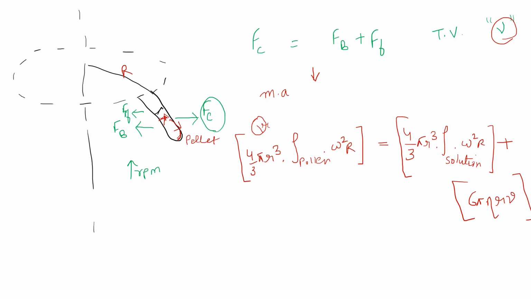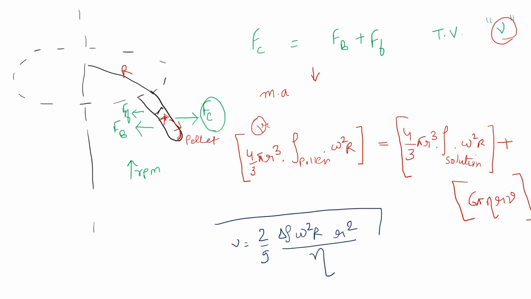So in this equation, we make V the subject of the formula. If we do that, we'll see that V equals 2 by 9 delta rho omega square r into r square upon eta. You'll find this expression in a lot of books that talk about centrifugation and the velocity of particles when they are settling.